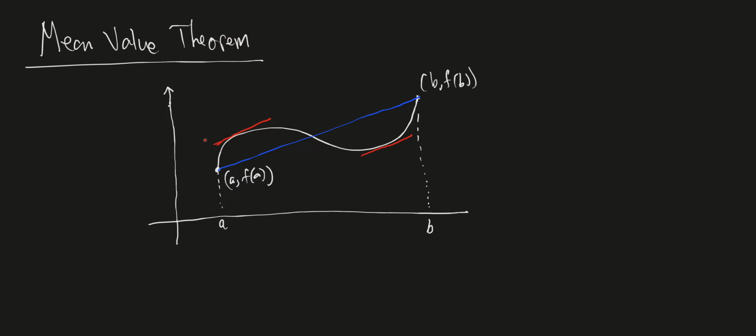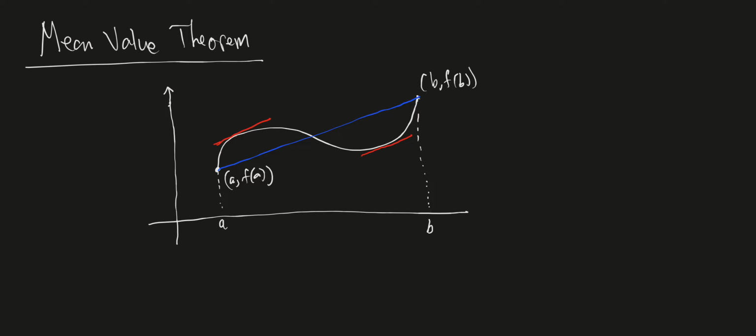So there has to be at least one such point somewhere inside the interval between a and b such that the tangent line at that point is parallel to the secant line over the whole interval. In other words, the average rate of change, which is the slope of the secant line, is equal to the instantaneous rate of change at this point and also at this point.